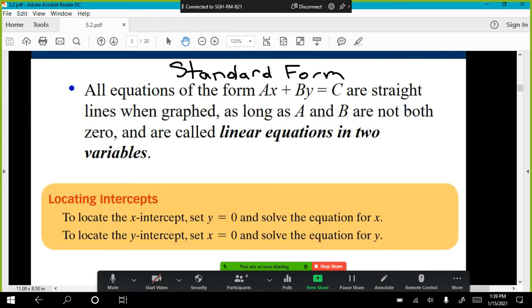All right. To locate the x-intercept, set y equal to 0. To locate the y-intercept, set x equal to 0.